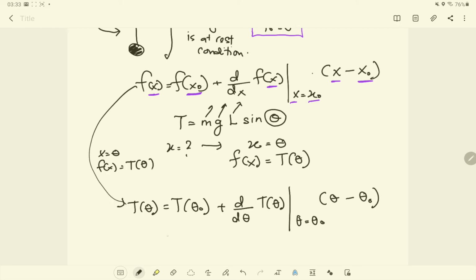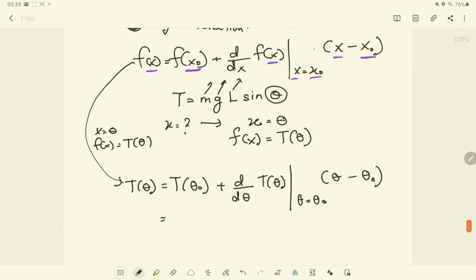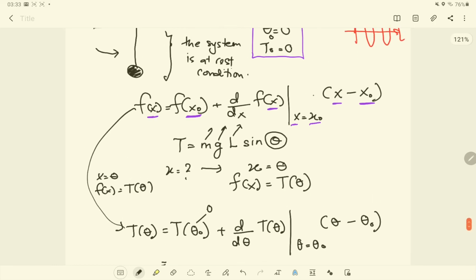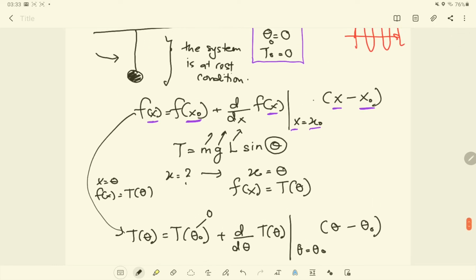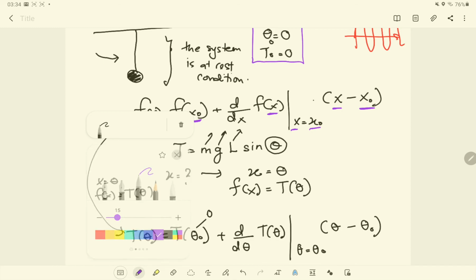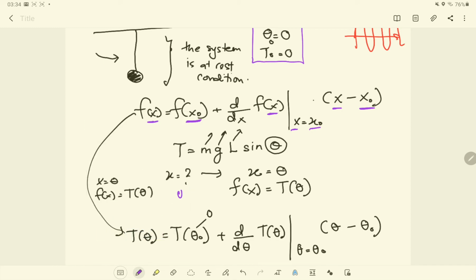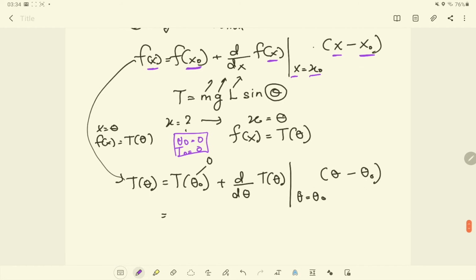And we know that at the rest condition, when theta naught is equal to 0, T naught also equals 0. So this is the rest condition. So we substitute in the equation, and you will get 0 plus.